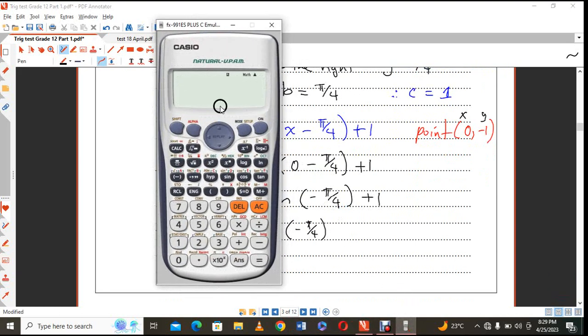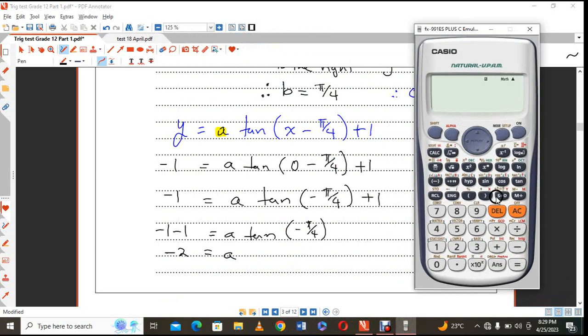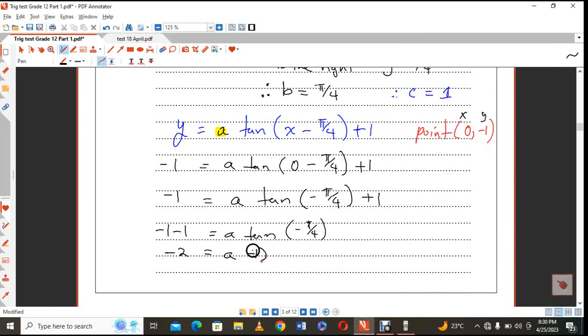Then bring my calculator back. It's in radian mode, so it's tangent of negative pi over 4. Anyway, that should give me -1. So that value is -1, so this here is -1.